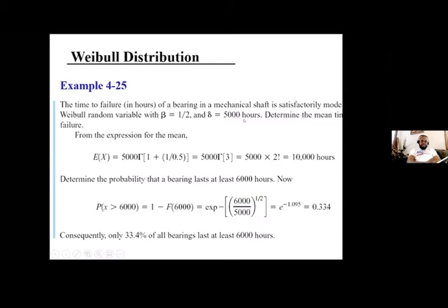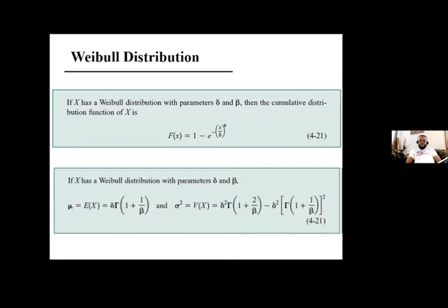Now, pay attention to that. If you want to use a Weibull density, you need information about the parameters. Those are the parameters of Weibull. You know why? Because the CDF, the mean and the variance are functions of these parameters.